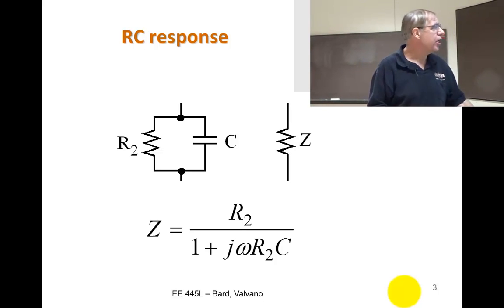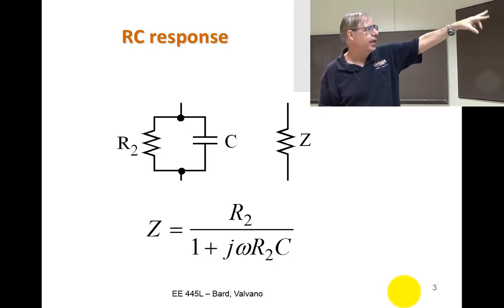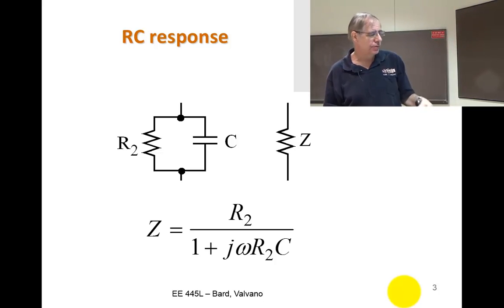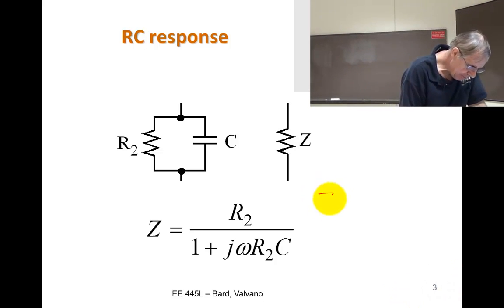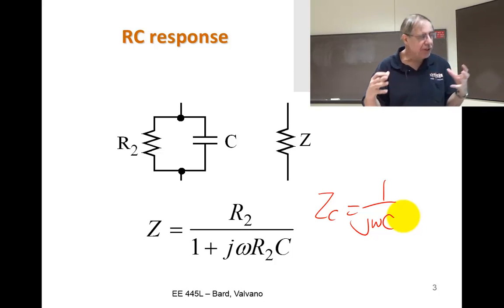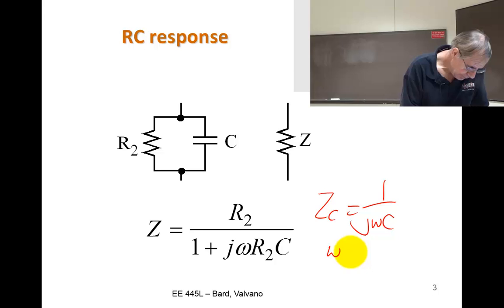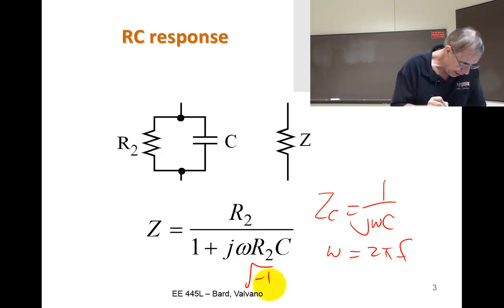Okay? But I'm going to understand the box simply here by knowing the impedance of a capacitor, right? The impedance of a capacitor, which is 1 over j omega c. Okay, so if we start with this fundamental thing where omega is 2 pi f, and j is obviously the square root of -1.